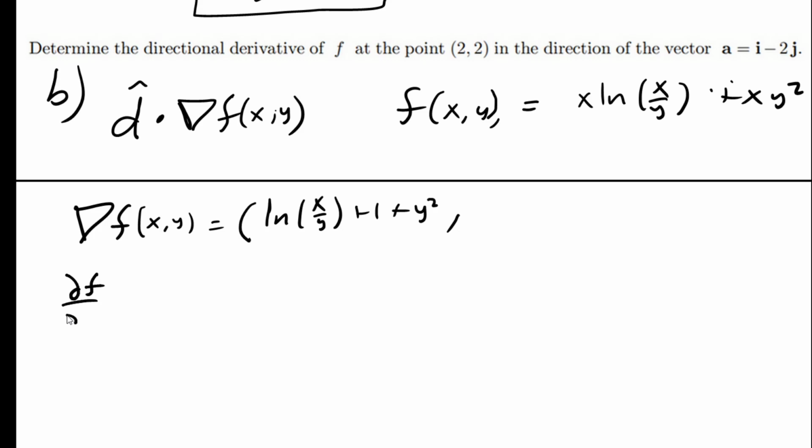So df dy, we don't need to use the product rule here. We have x times 1 over x over y times chain rule, x over y squared. Start canceling stuff out. This cancels, and we want the derivative with respect to y, so we have 2yx.